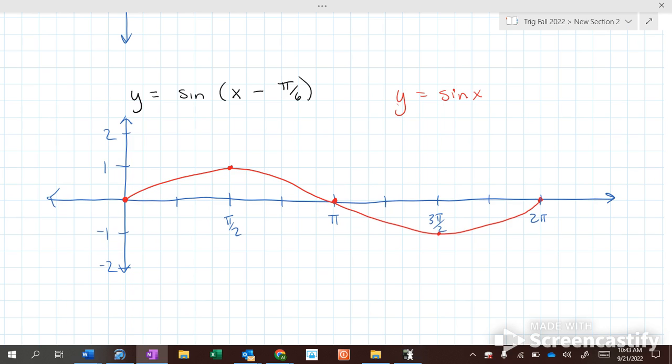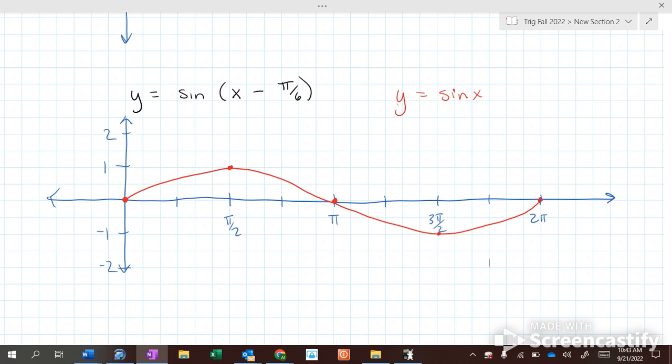It's minus a positive number, so we're actually going to go to the right, pi over 6. Basically, inside the parentheses, you would do the opposite of what you think, because it says minus pi over 6, so you think left pi over 6, but you're actually going right pi over 6.